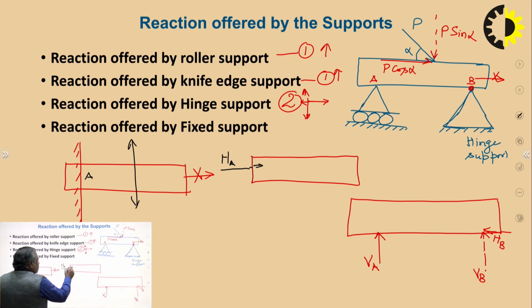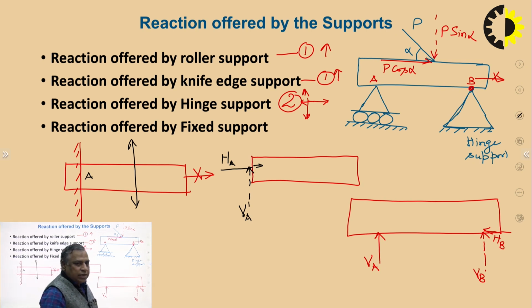So I will show this as VA, again the direction we will determine after the analysis. If the answer is positive, then the assumed direction is perfect. Otherwise, we will change the direction accordingly. Now, it cannot rotate either in this direction or in this direction.